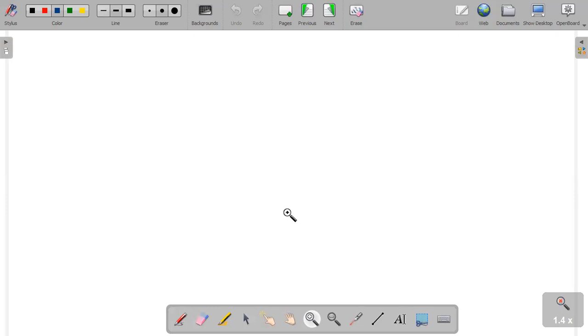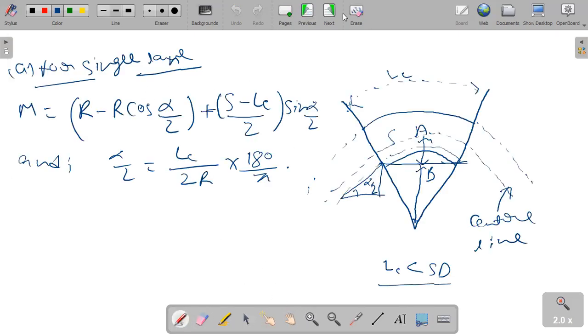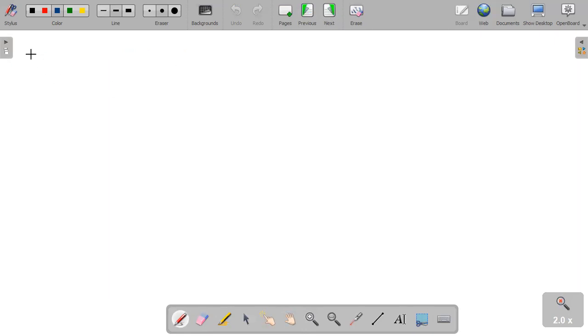Let's discuss only the formula of summit curve. In summit curve, there is a deviation angle. We have a formula for that.